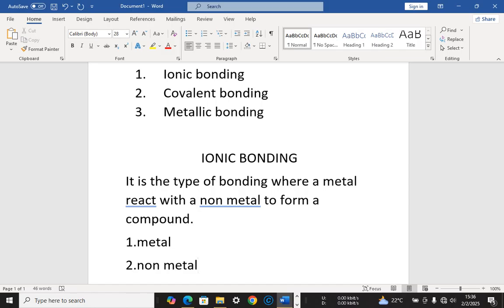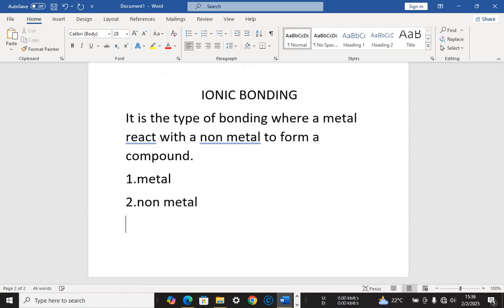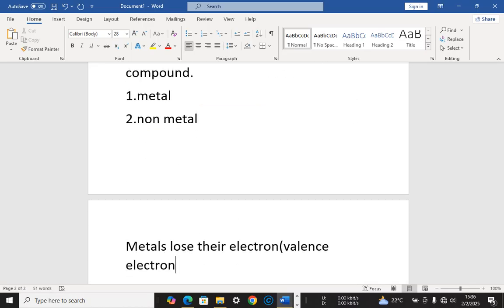What you should know in this type of bonding, the ionic, is that metals lose their electrons, in brackets their valence electrons, to obtain a noble gas structure.